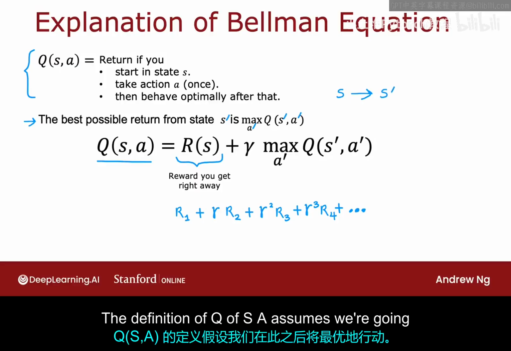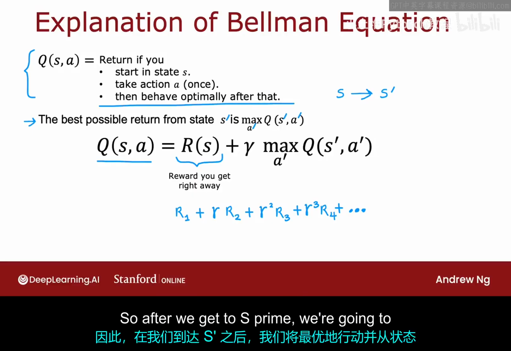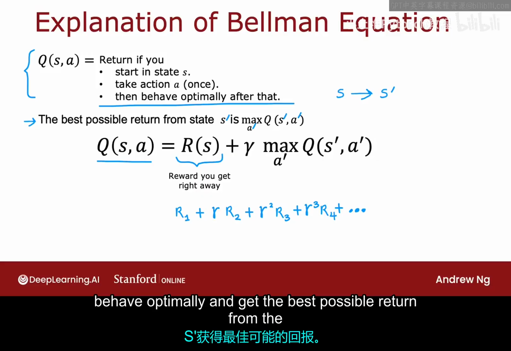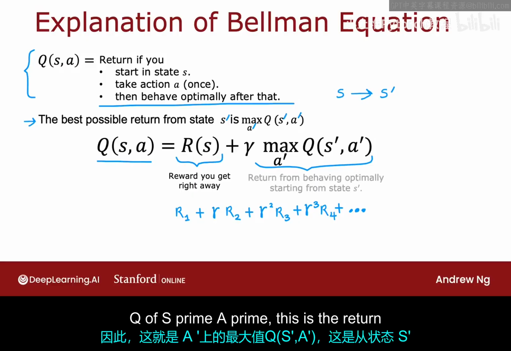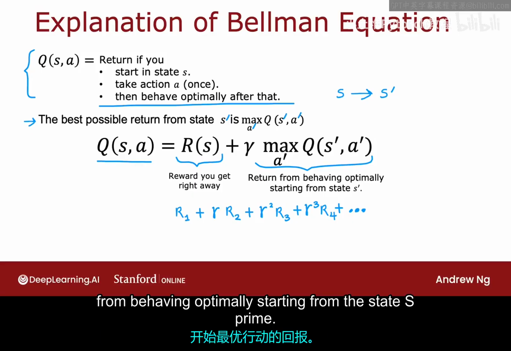The definition of Q of S, A assumes we're going to behave optimally after that. So after we get to S prime, we're going to behave optimally and get the best possible return from the state S prime. And so what this is, max over A prime of Q of S prime A prime, this is the return from behaving optimally, starting from the state S prime.